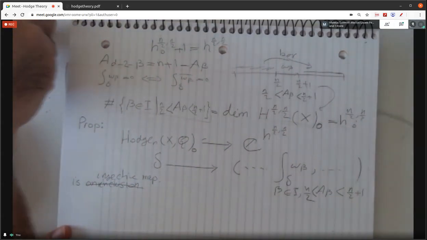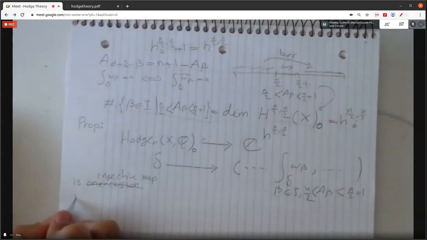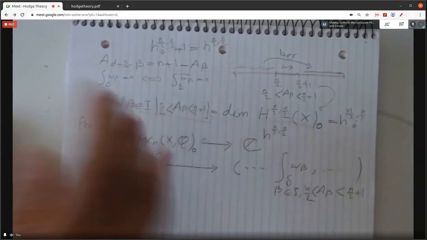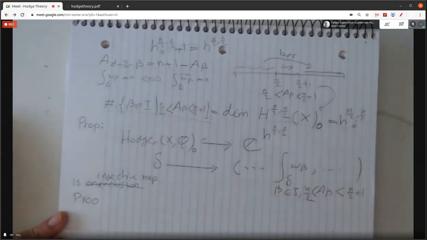And the proof is just the theorem, up to this polarization factor and this primitive part discussion. It is just the de Rham theorem.